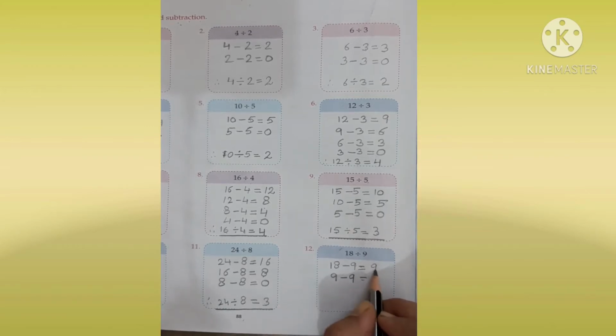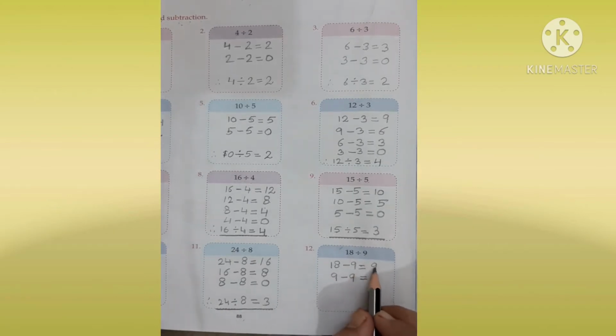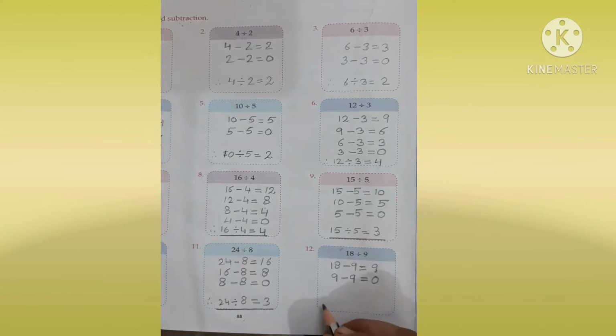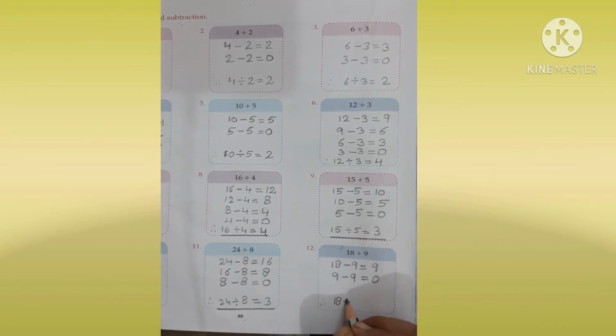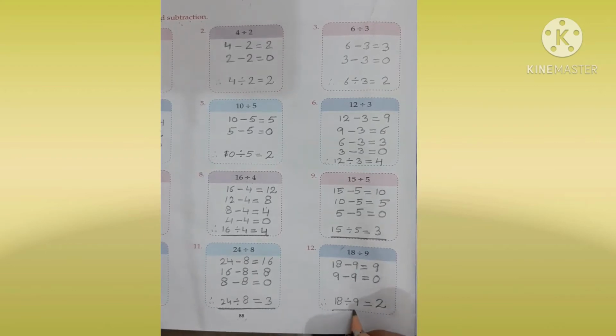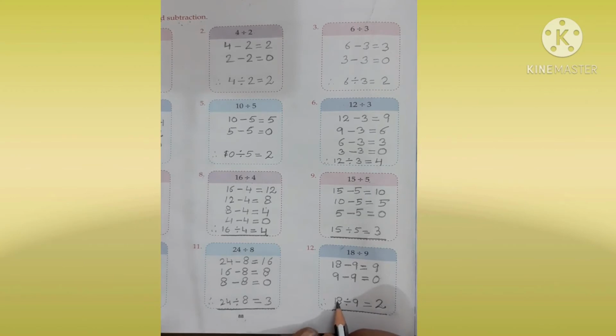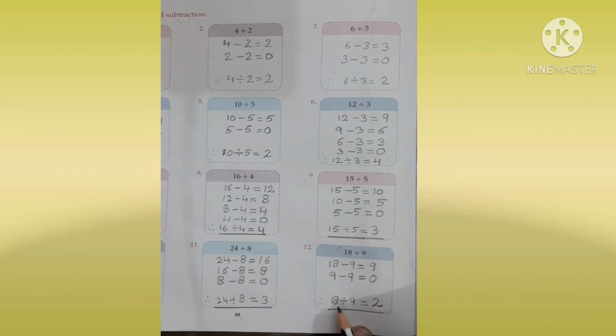So 9 minus 9 is equal to 0. 18 minus 9 is equal to 9 and 9 minus 9 is equal to 0. So 18 divided by 9 is equal to 1 and 2. 2. 18 divided by 9 is equal to 2. 9 2s are 18. When you divide 18 by 9, you will get 2.